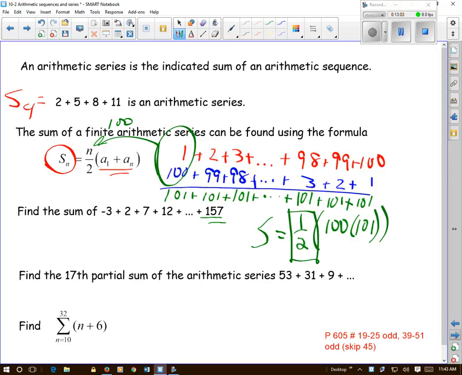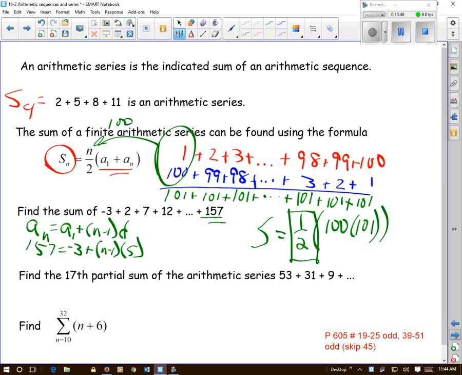Well, think of the formula for the nth term, a sub n equals a1 plus n minus 1 times d. So we can use that formula to find the value of n. So an is 157 equals -3 plus n minus 1 times 5.